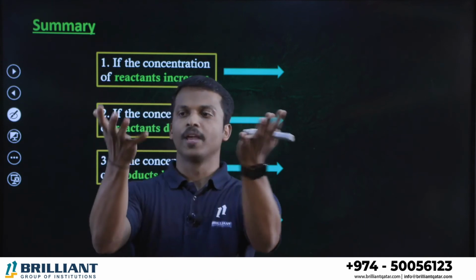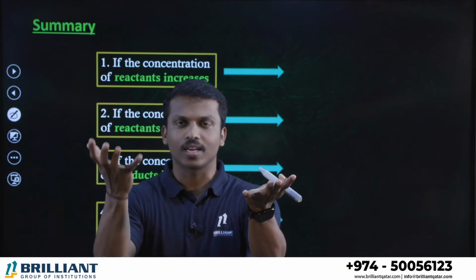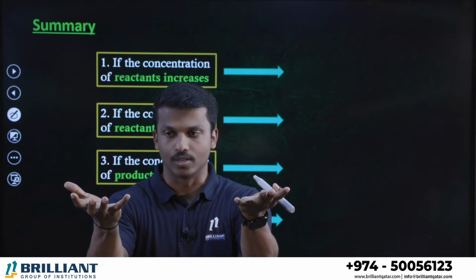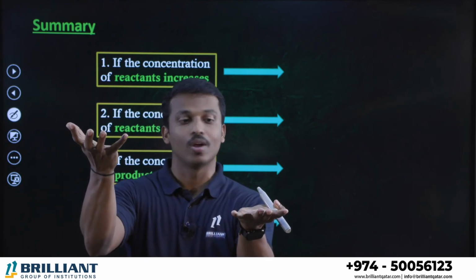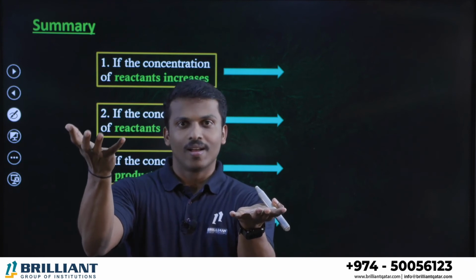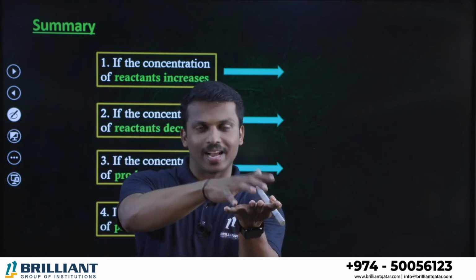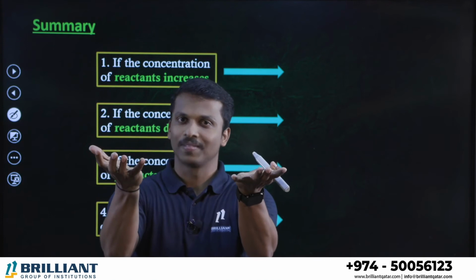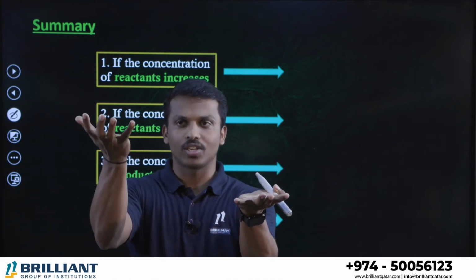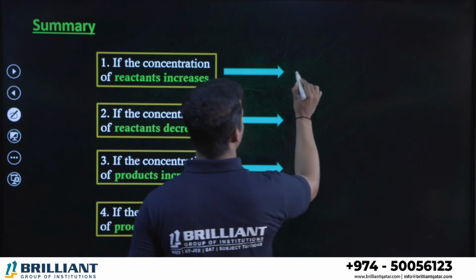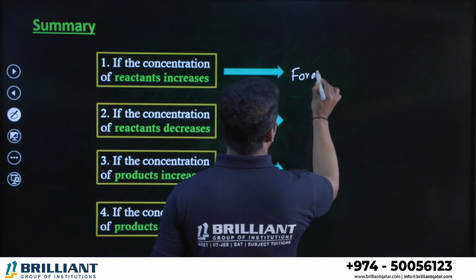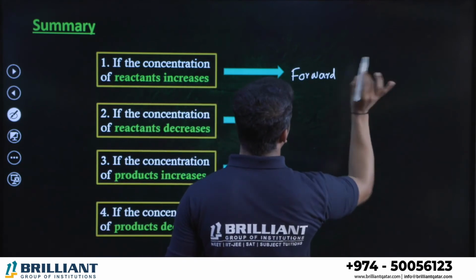Sure? Okay. Now I'm going to increase the concentration of reactant. To nullify this, reactant to product reaction will shift. So then will be balance. Correct? So when reactant concentration increases, forward reaction is favored.